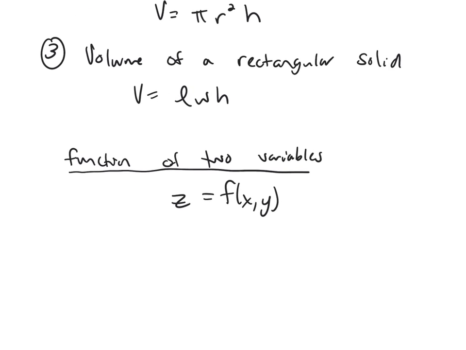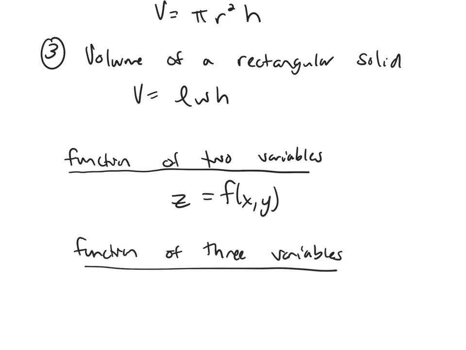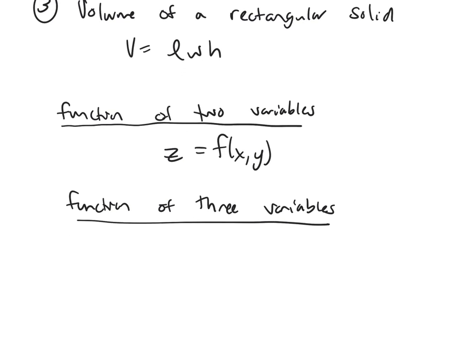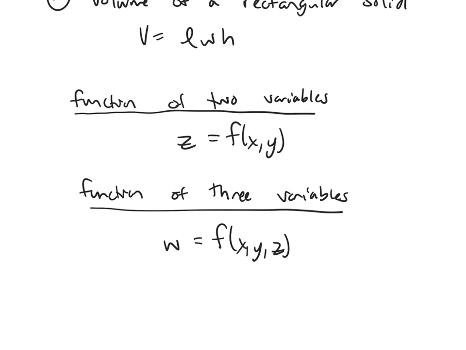And we have a function of three variables. So then our three variables are going to be x, y, and z, and our function will be equal to w in that case. So these are the two possibilities that we're going to focus the most on, is functions of two variables and functions of three variables.